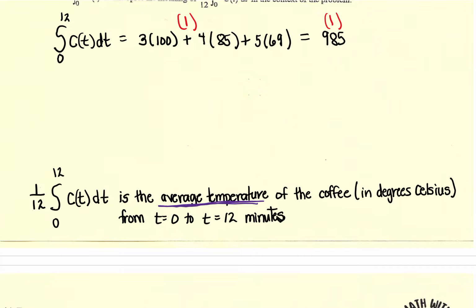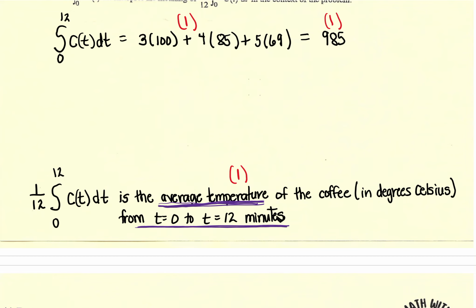If you got that interpretation correctly, give yourself a point. Now, there's a couple things that must be in here to get your point. They're non-negotiables for them. One is that you talk about average temperature. I mean, you need of the coffee in there, but if you leave out the word average temperature and if you leave out your time interval, they will not give you the points.